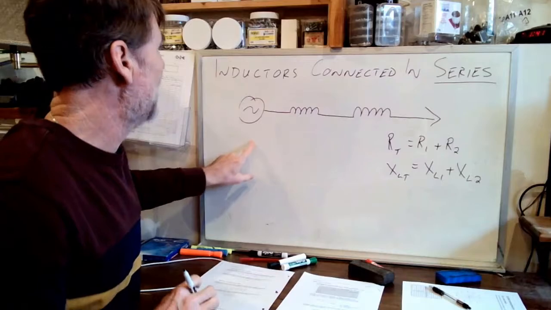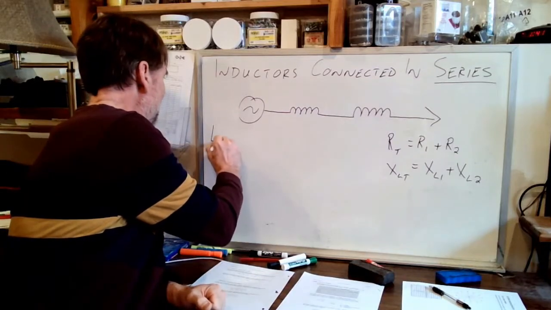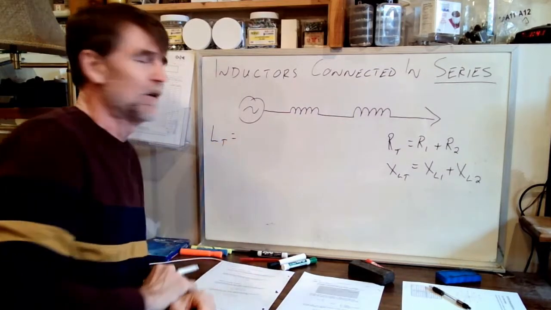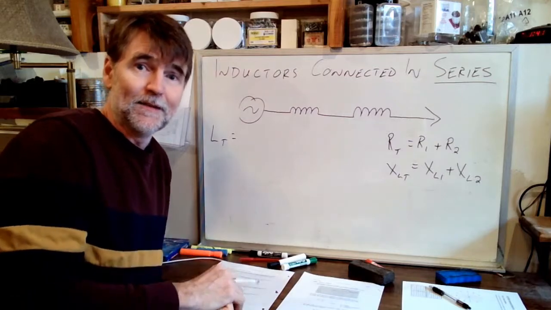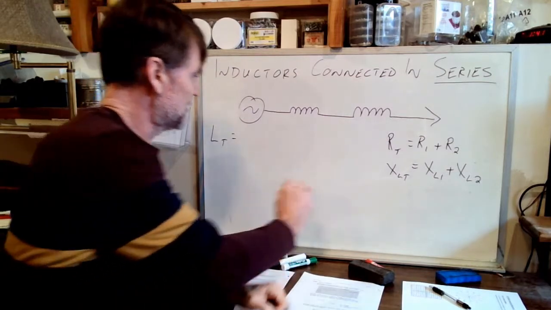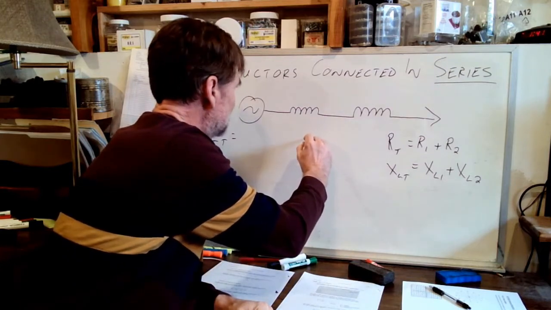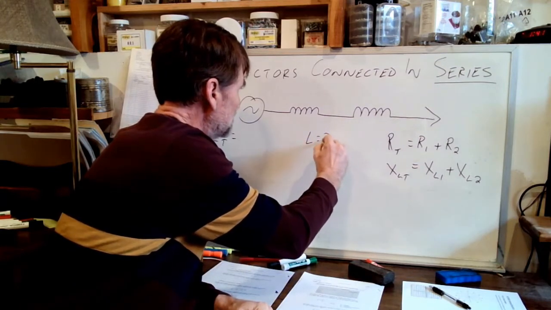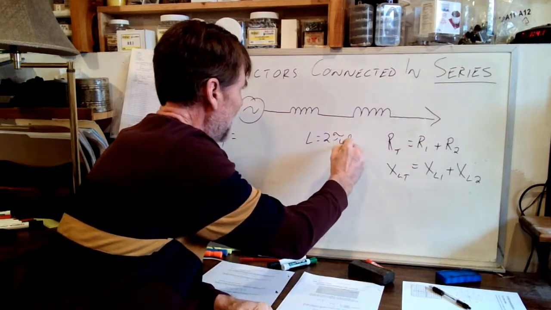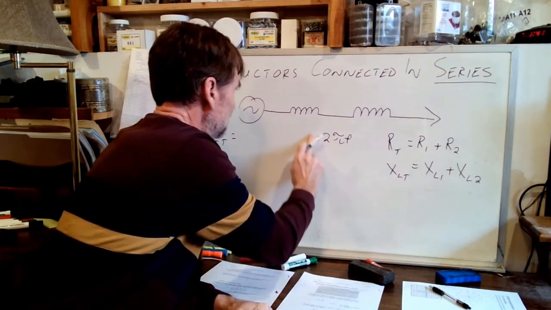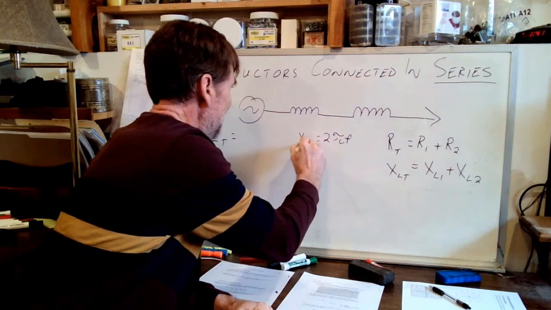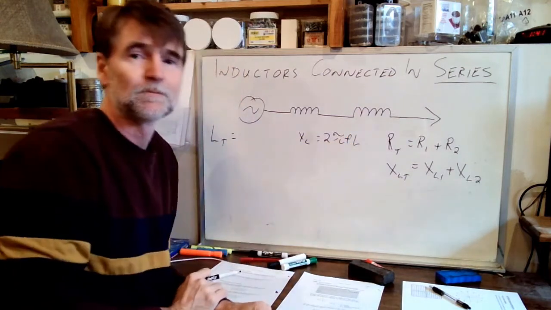Okay, so now we come back and we ask the question, well, how do we figure out the total inductance in the circuit? Well, our equation, let me throw it here in the middle, says that XL is equal to 2 pi FL.